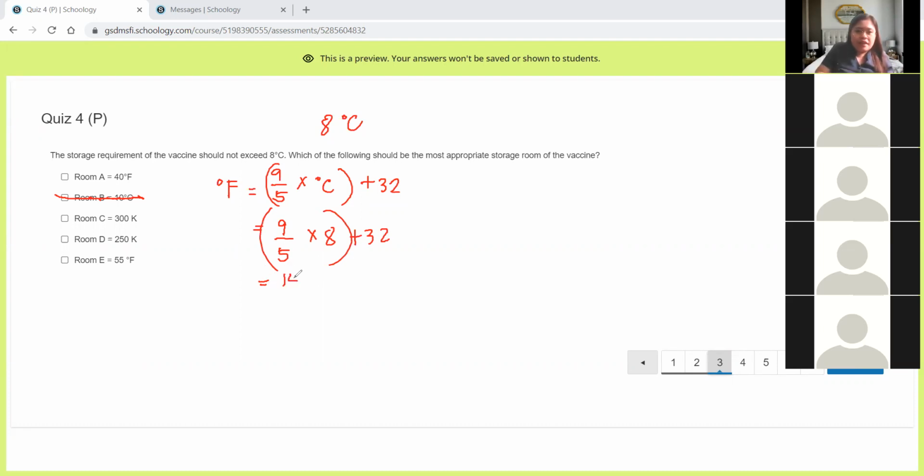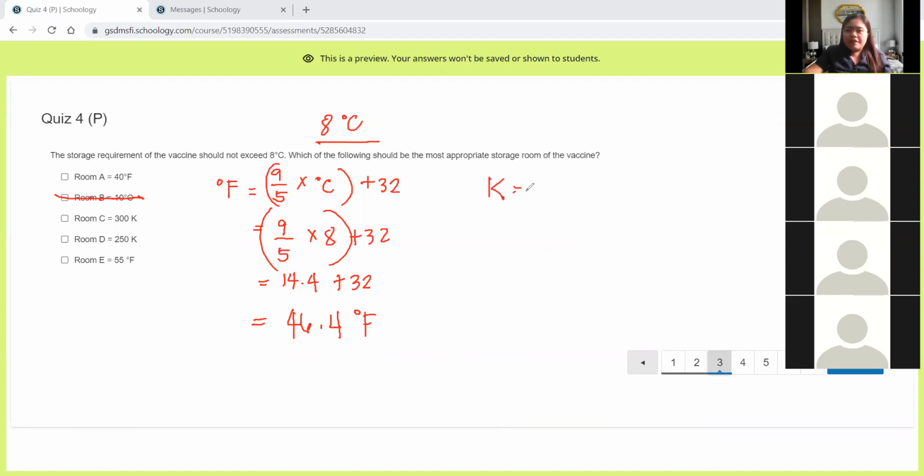It's 14.4 plus 32. So this is 46.4 degrees Fahrenheit. Meaning ani, dili dapat mulampas, musobra og 46.4 degrees Fahrenheit ang storage room. Kaya that is equivalent to 8 degrees Celsius man.